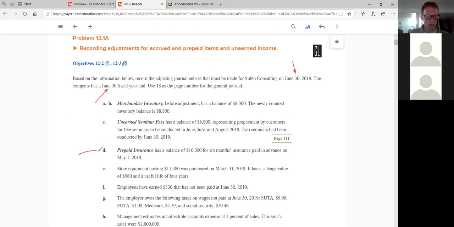Why that's important on letter D is that they tell you when the insurance was paid in advance, which was May 1st. So you have to think about this.